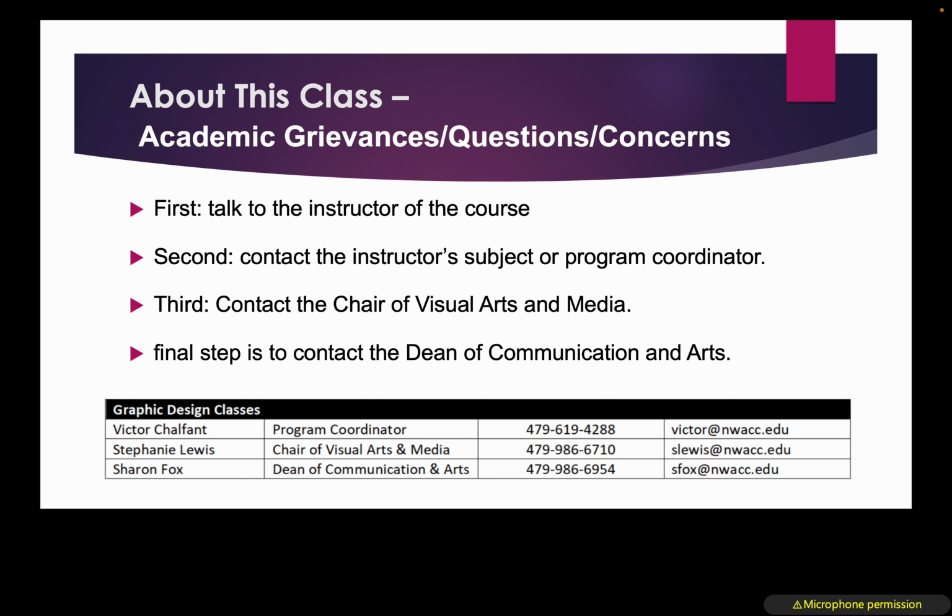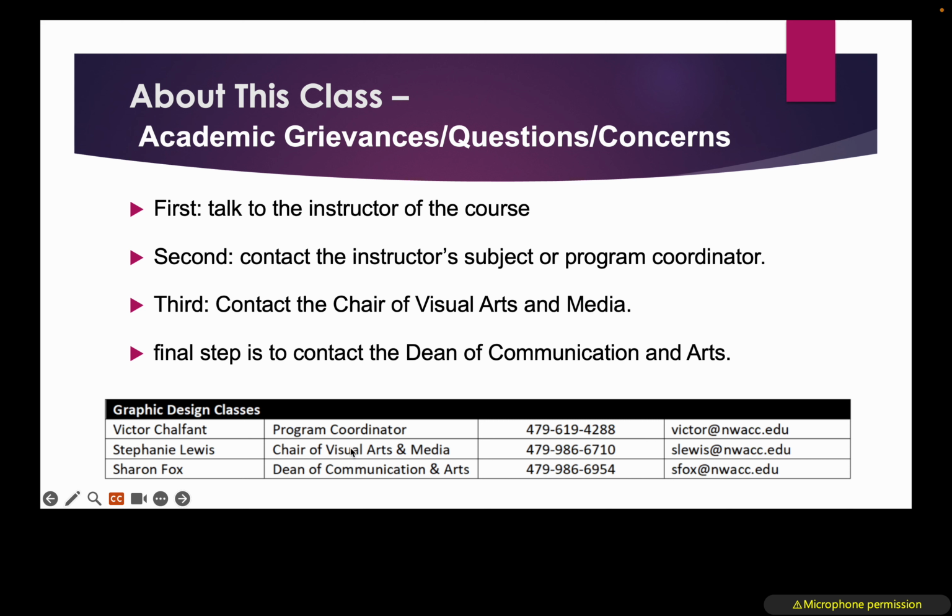If you have any questions or concerns about the class, you can come to talk to me first. If the issue hasn't been solved, here are the next 3 steps. You can talk to Victor, the program Reader, and here is his contact information.